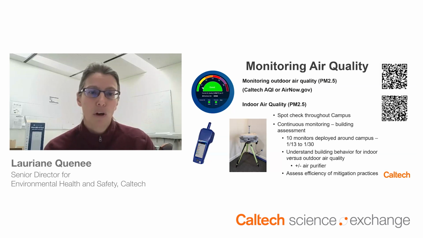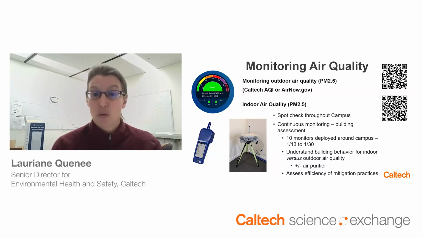And we also deployed continuous monitoring with 10 monitors that you can see here, looking at that little suitcase on the stand. We deployed 10 around campus through the 2 weeks. And really the idea is to understand how our buildings behave when the air quality outside is poor, and whether or not the mitigation practices that we've put in place are efficient.